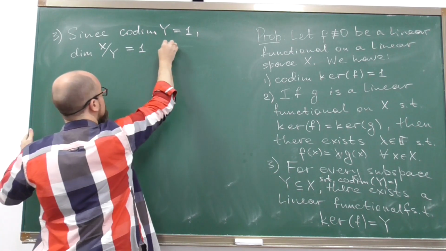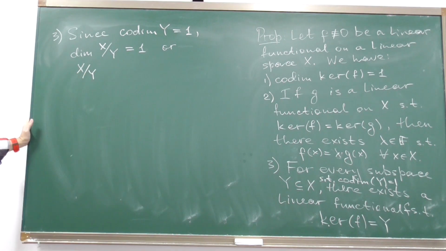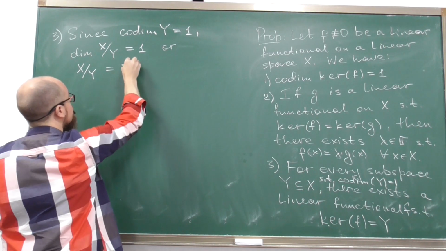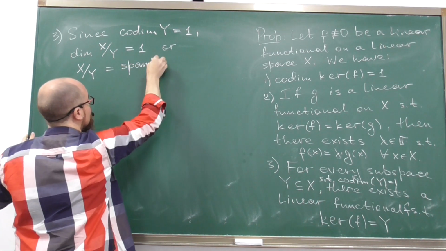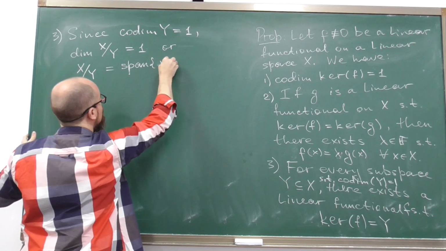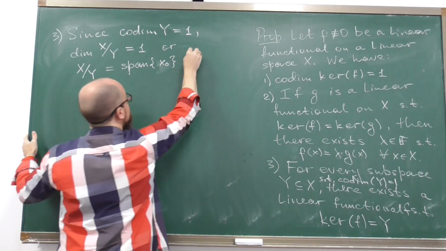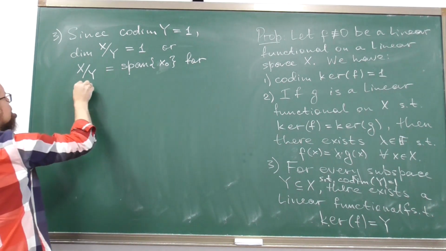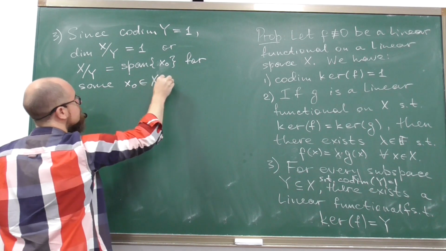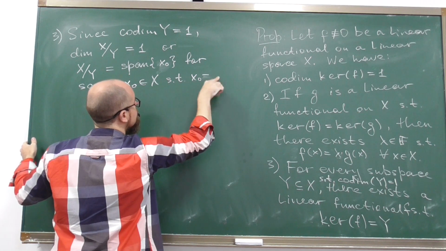This means that X factor Y is a span of, let's go for some x naught, for some x naught in X such that x naught is not 0.